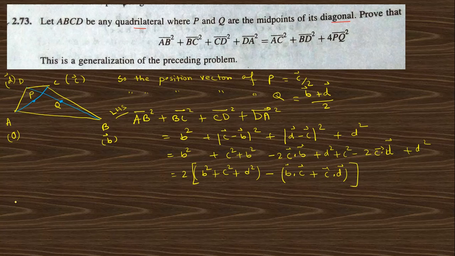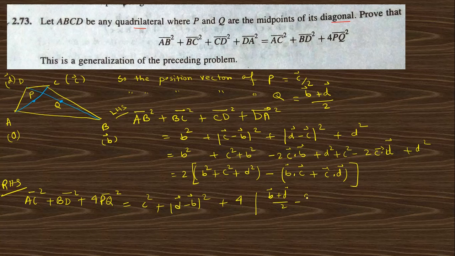Okay, in the right hand side there is AC squared plus BD squared plus 4PQ squared. AC is c, so this is c squared plus BD, which is the d vector minus the b vector, squared, plus 4PQ squared. PQ is b plus d by 2 minus c by 2, squared.